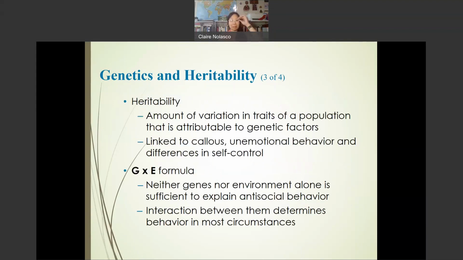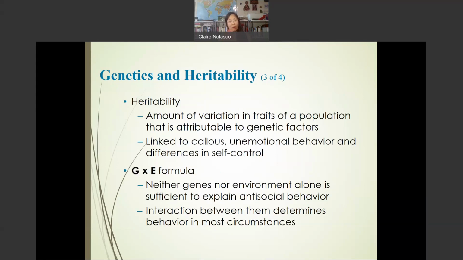What is heritability? Heritability refers to the amount of variation in traits of a population attributable to genetic factors. This has been linked to callous, unemotional behavior and differences in self-control. The gene-by-environment formula indicates that there has to be an interaction between genetics and environment.